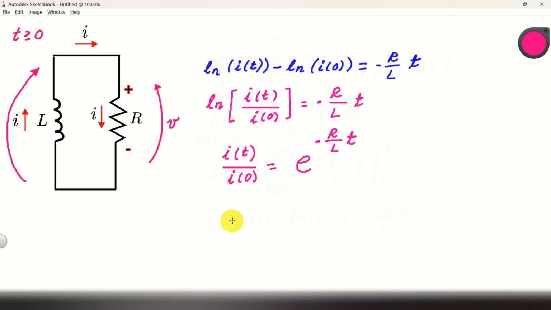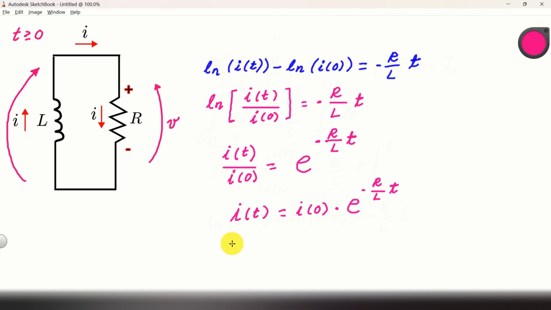And consequently, here is our final expression for the current through the circuit, and it's equal to I of 0 multiplying e to the power minus R over L t. And this is the final expression.